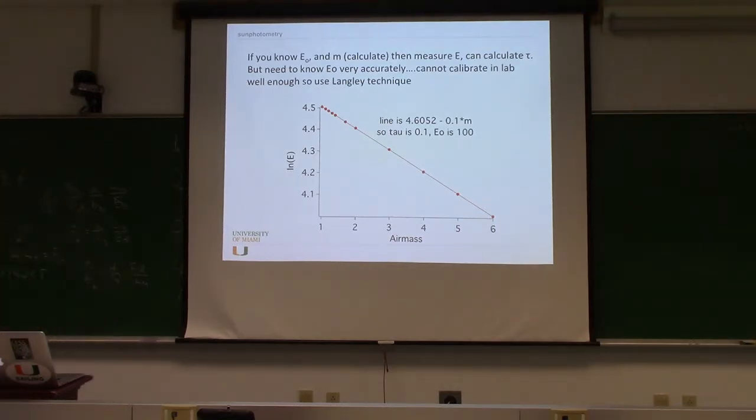People ask how you calibrate it. You can either have a calibration number that already tells you what this number is in instrument units. The other thing is if you plot, as I did there, the log of your measurement versus air mass, and if you're really good and have a very good stable atmosphere, you get a nice linear relationship like this.